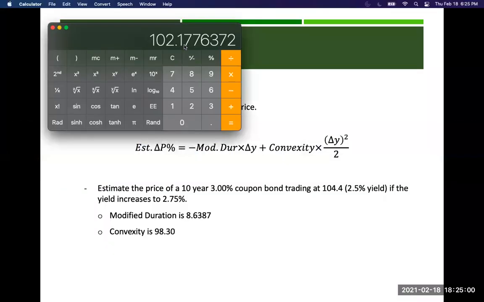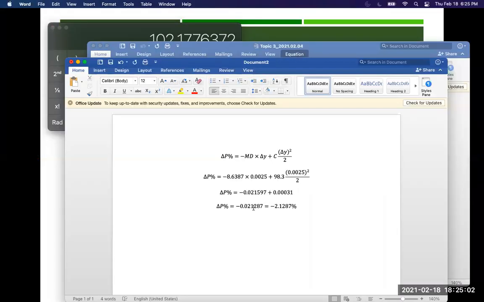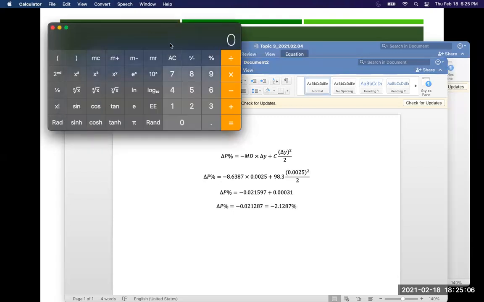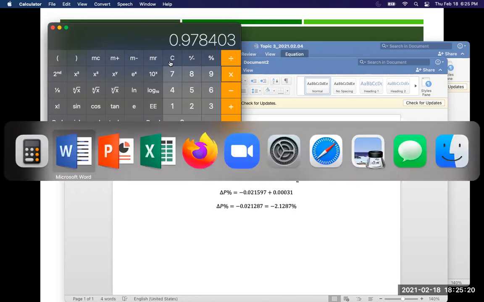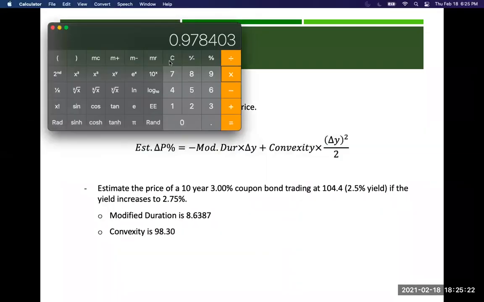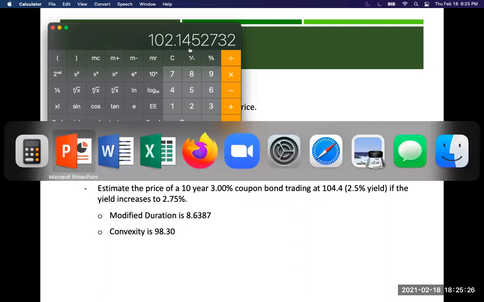what would it have been? 1 minus 0.021597 times 104.4, 102.14.